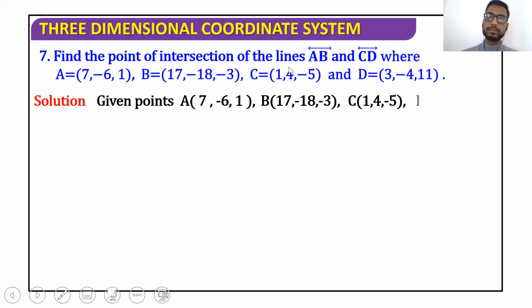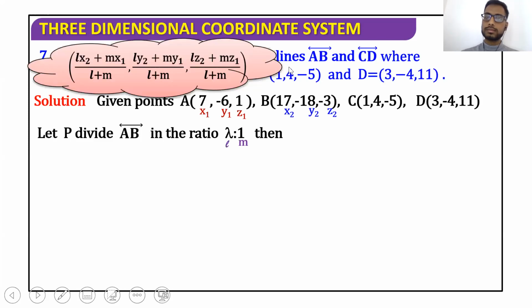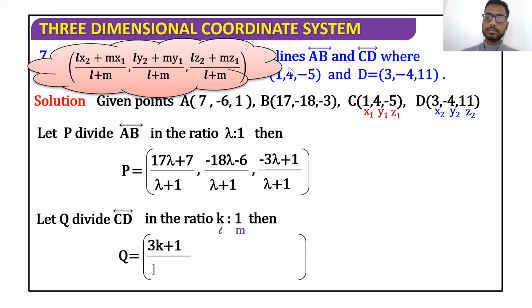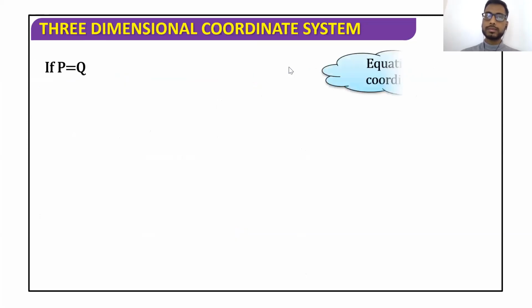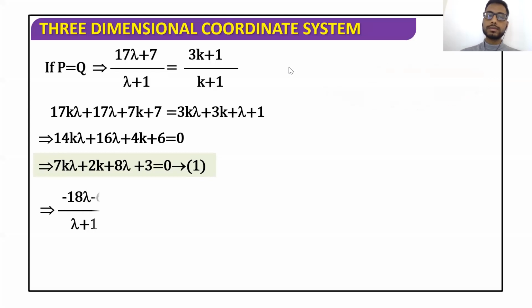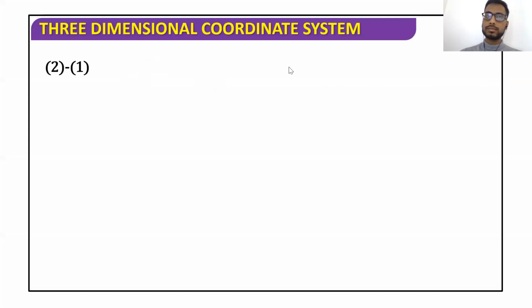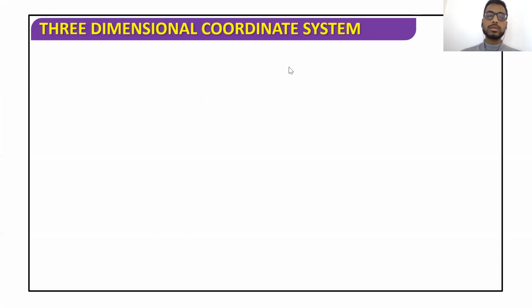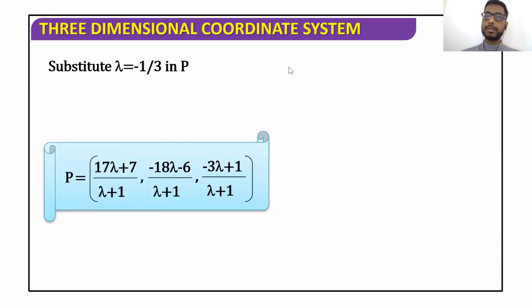So solution, using internal division formula, I get values of P and Q, equating your x coordinates or say suppose y coordinates, just simplifying, getting the two equations, solving them so that I get values of k and lambda.